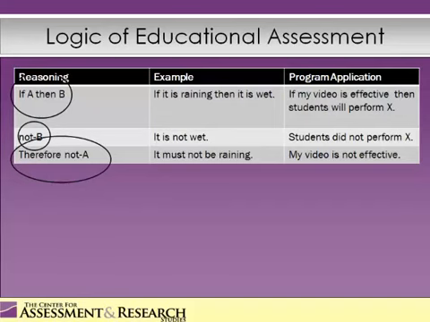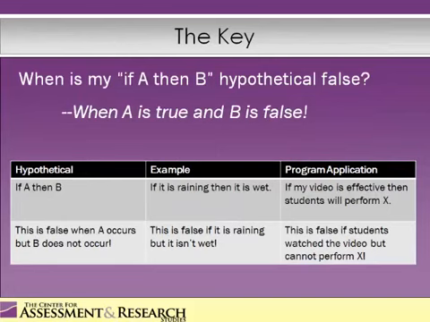So let's think about another situation that is considered, or at least what I would consider to be a key issue. So we may ask, well, under what conditions would my hypothetical, my if A, then B, turn out to be false or incorrect? Well, there is only one condition where this would occur.